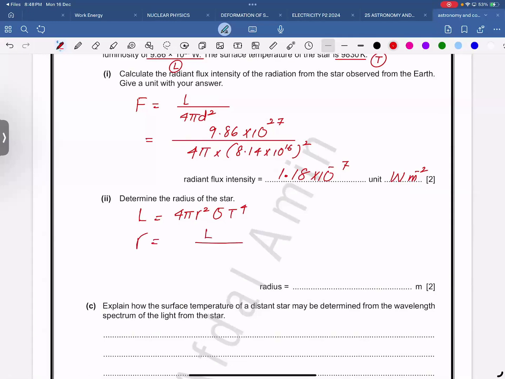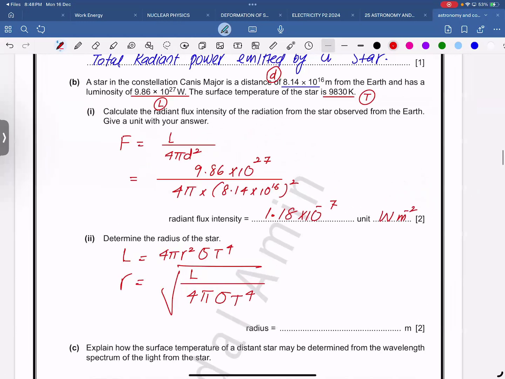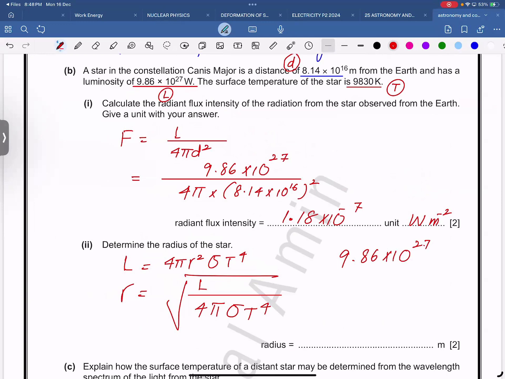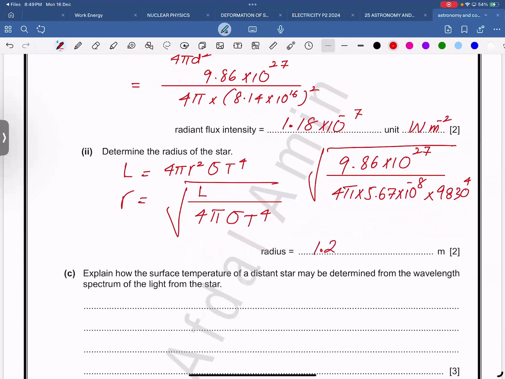Rearrange, radius will be the square root of L over 4 pi sigma T to the 4. L is 9.86 times 10 to the power 27, sigma, T is 9830 to the power 4, giving 1.22 times 10 to the power 9.